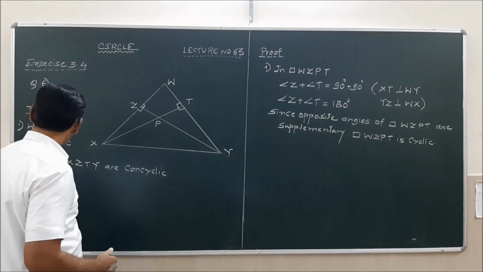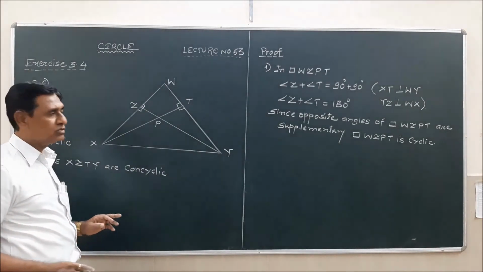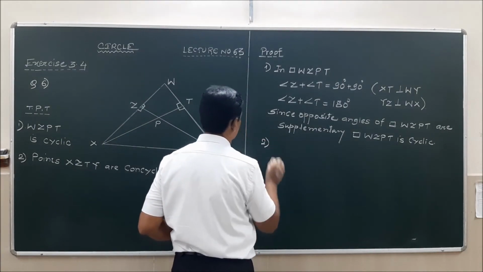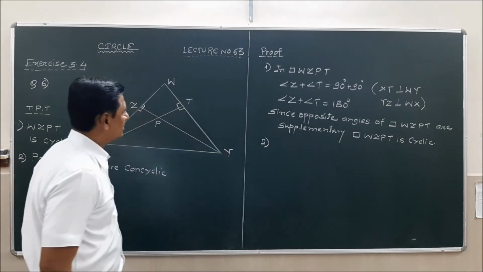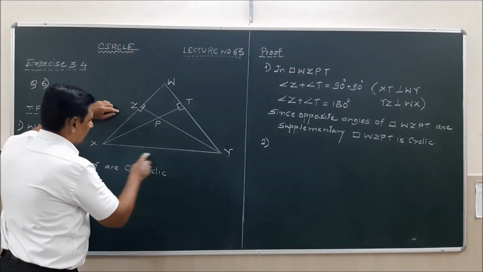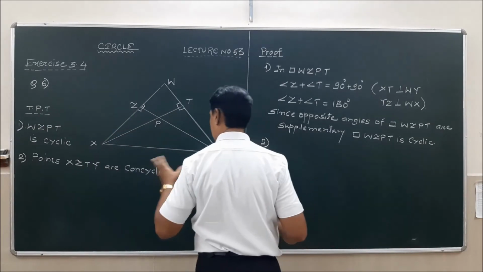Okay, second part. Points X, Z, T, Y are concyclic. Concyclic means what? Lying on the same circle. So for the answer to part 2, we have studied this theorem and we must write all the statements here.